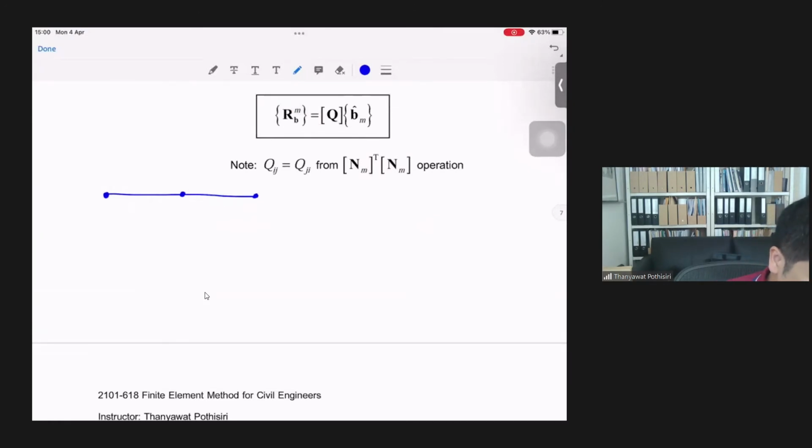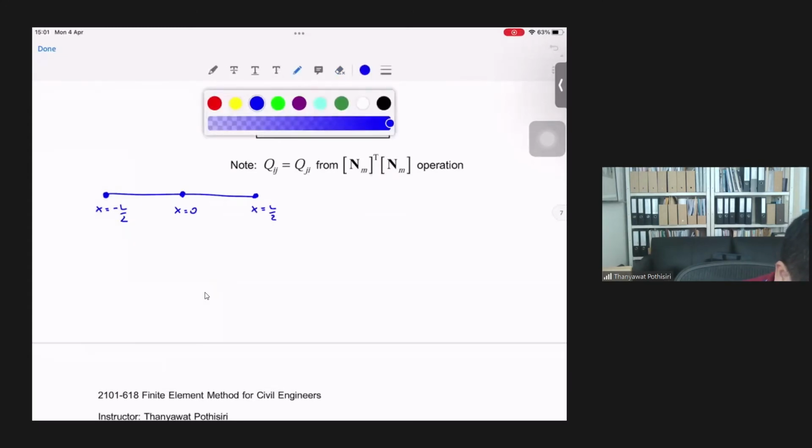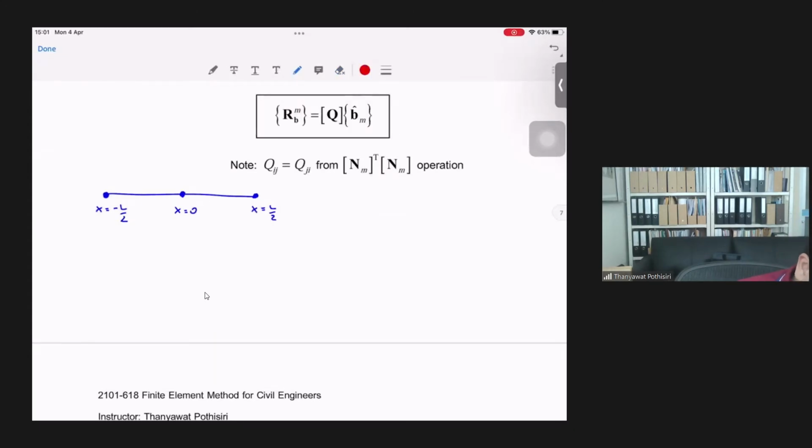Suppose this is x equals 0, something like this, and we have a body force that looks roughly something like this.